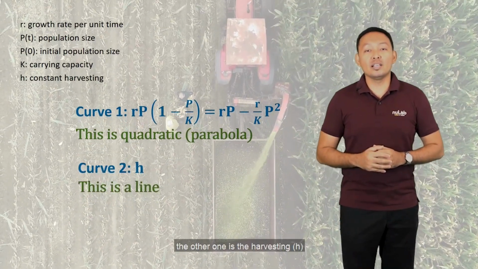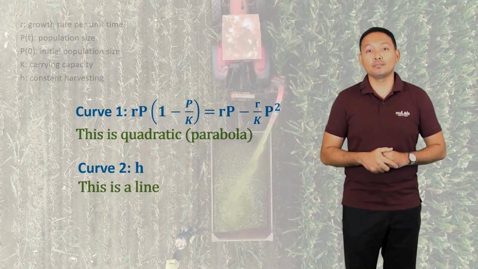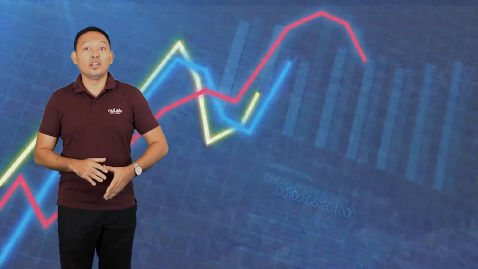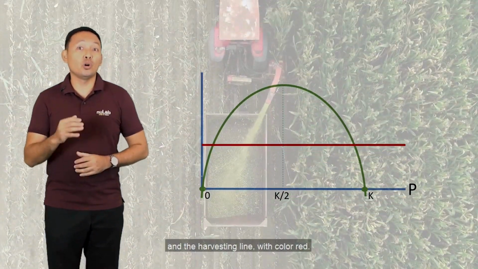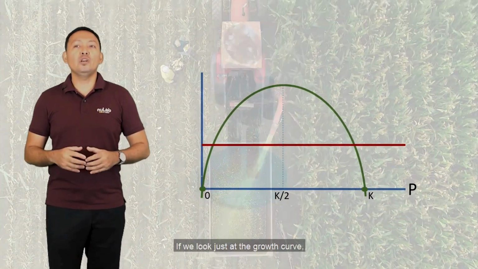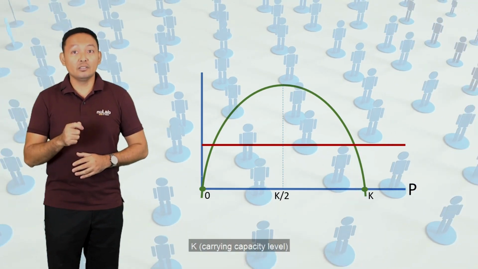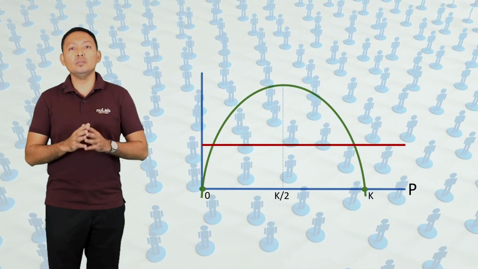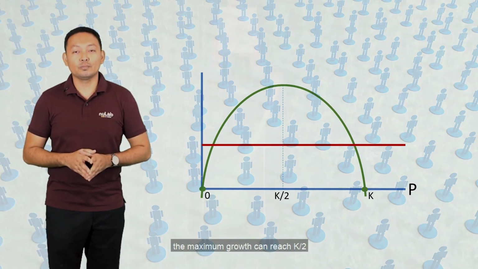The other one is the harvesting H, which is just a line. We can graph the two curves as this: the growth curve with color green and the harvesting line with color red. If we look just at the growth curve, the equilibria are K, the carrying capacity level, and 0, which is trivial. The maximum growth can reach K over 2.